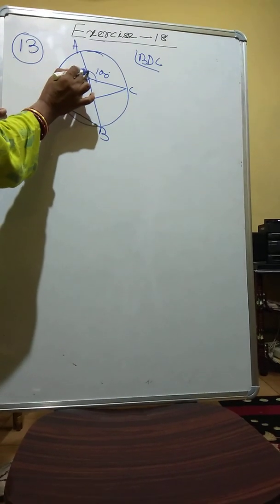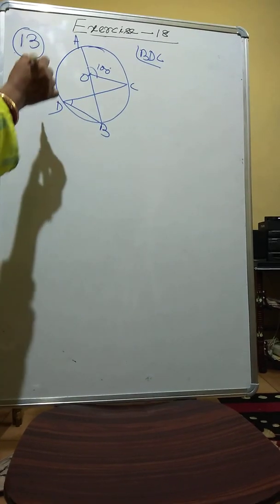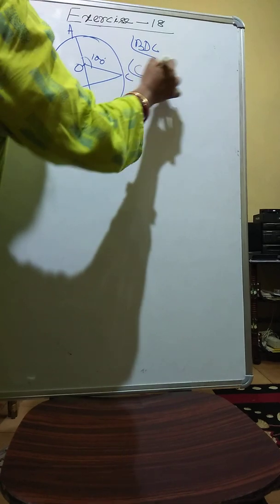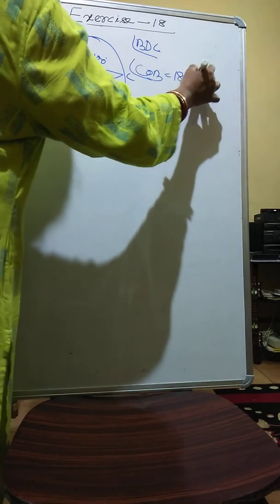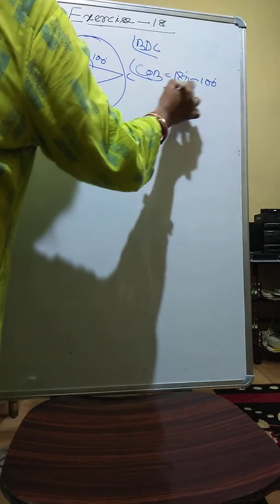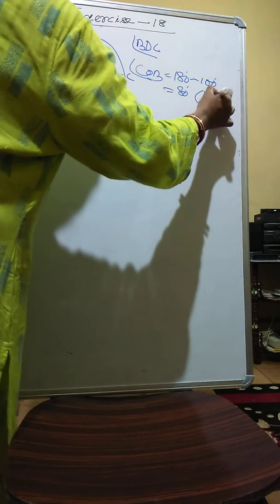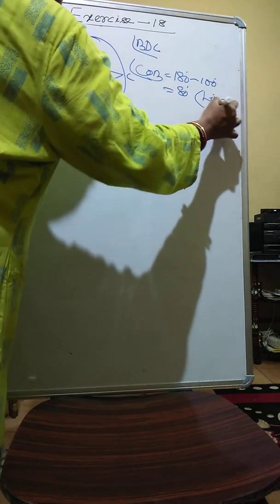Now this is 100 degrees. Can I write angle COB is 180 minus 100 degrees, 80 degrees? Why, children? Linear pair. You have to write the reason, otherwise you lose the marks.